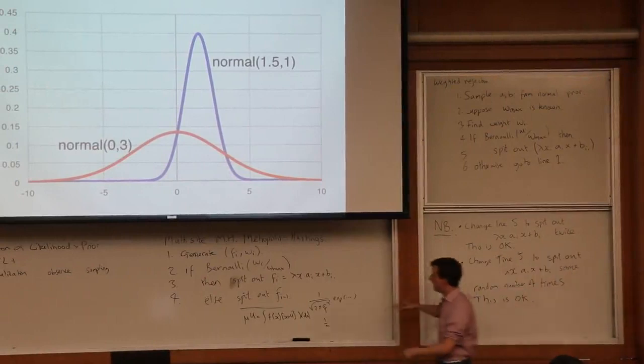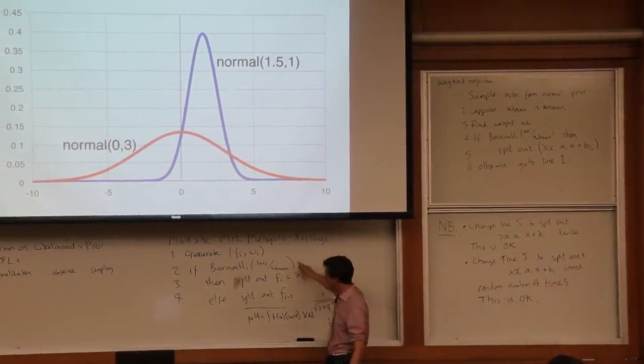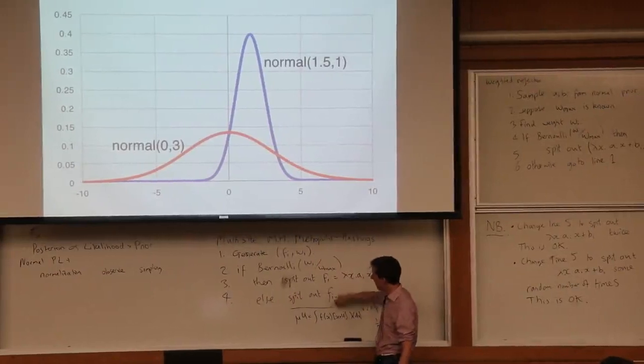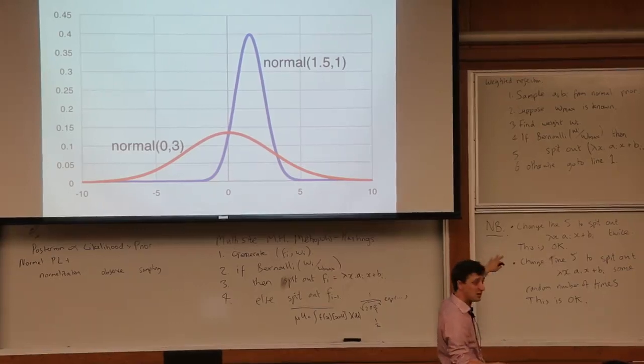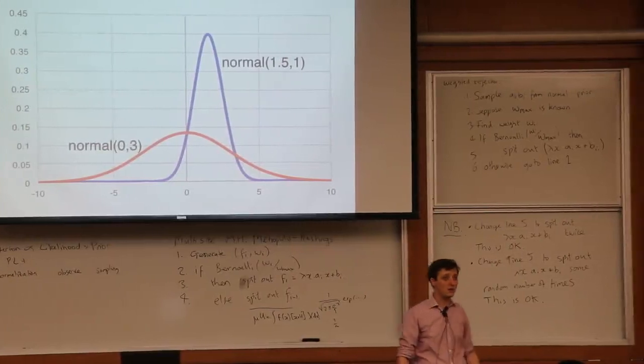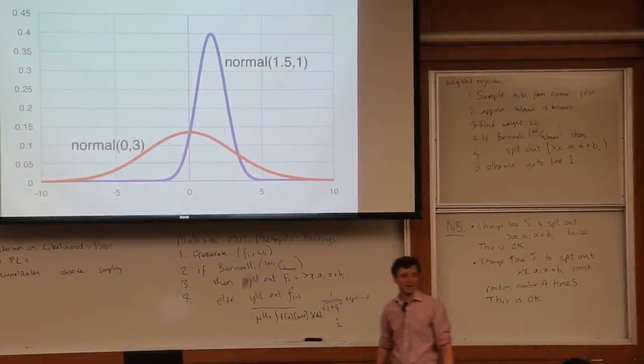And down here, the number of times I spit out fi minus 1 is independent of w. So why is the Bernoulli flip a valid thing to do? Why does this produce the same good result? You mean why is this algorithm correct? I think I want to move on, but we can talk about that later.